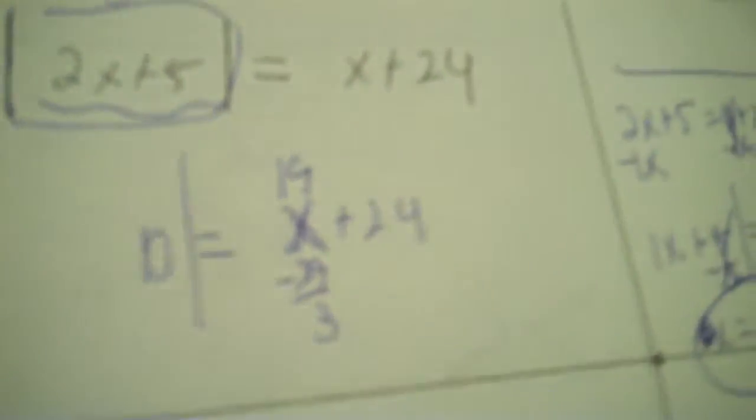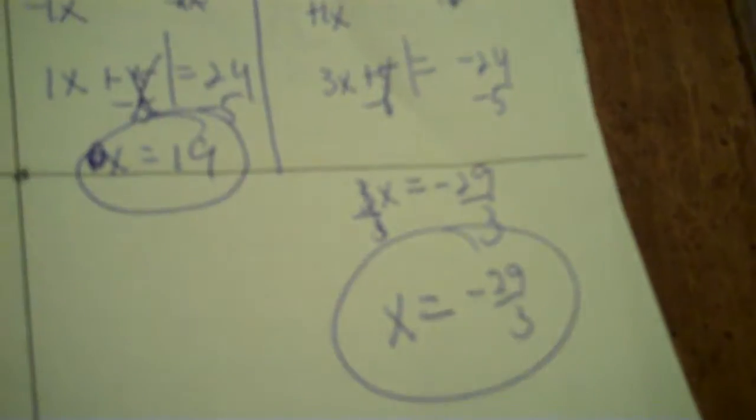So cross out your x, just put 19, and then negative 29 thirds. 19 plus 24 is a positive. I mean, that should be common sense. Now, negative 29 thirds plus 24, that's also a positive. You keep both the answers in.